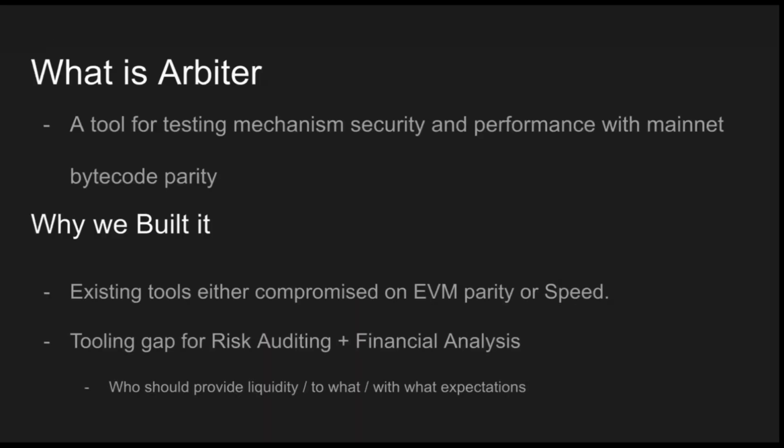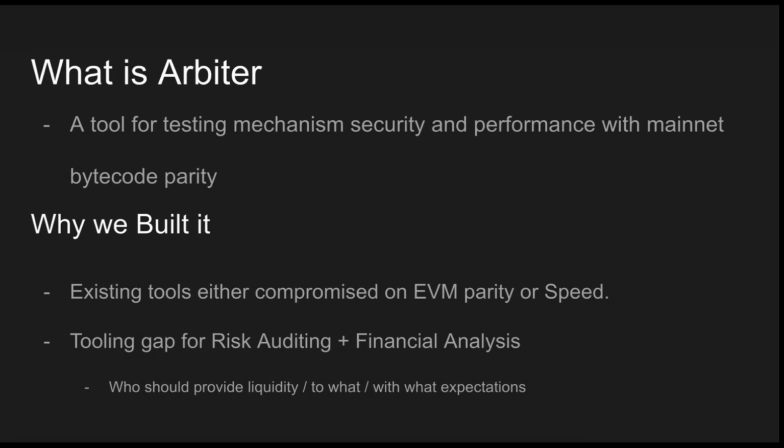So moving in at a high level, what is Arbiter? If you haven't heard about it or seen it before, it's a tool for testing mechanism security and performance with mainnet bytecode parity. And we actually primarily built this tool for us to use, but we also wanted to build it in public because we saw that there was a gap in the open source tooling.